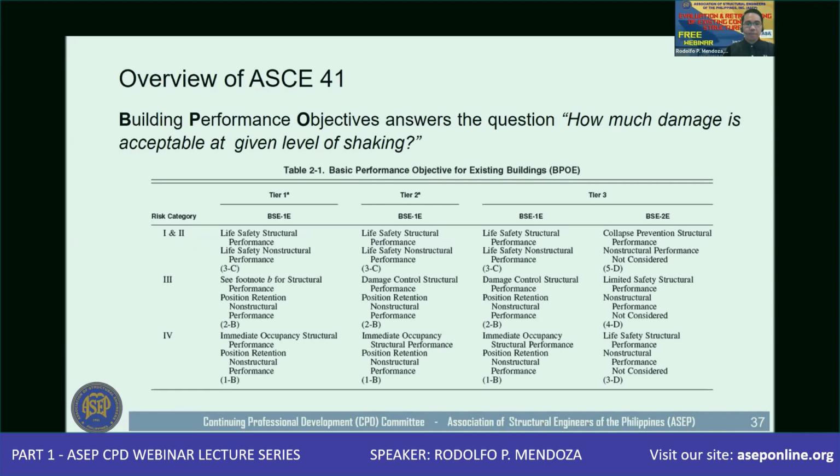So in general, in ASCE 41, there are two sets of building performance objectives. There are two main building performance objectives. One is a building performance objective for existing structures, and the other is a building performance objective for new structures.